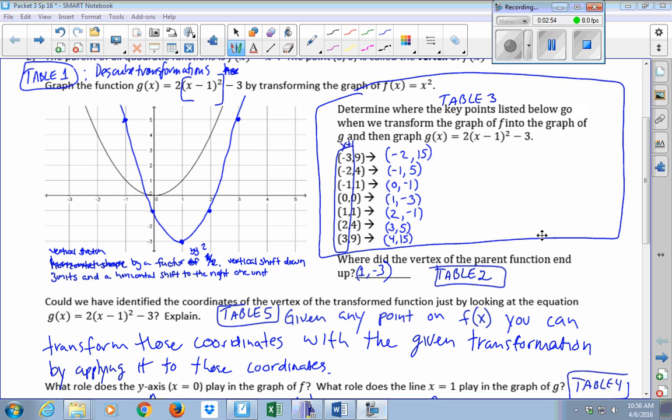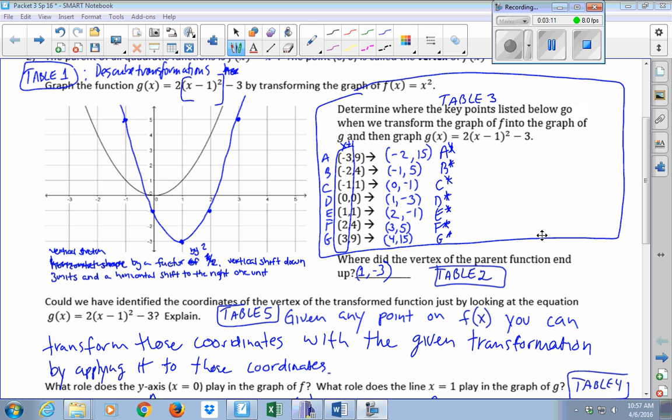So if these points were A, B, C, D, E, F, G, these would be the coordinates of the transformed points. And that's what Nick was talking about in his explanation below.